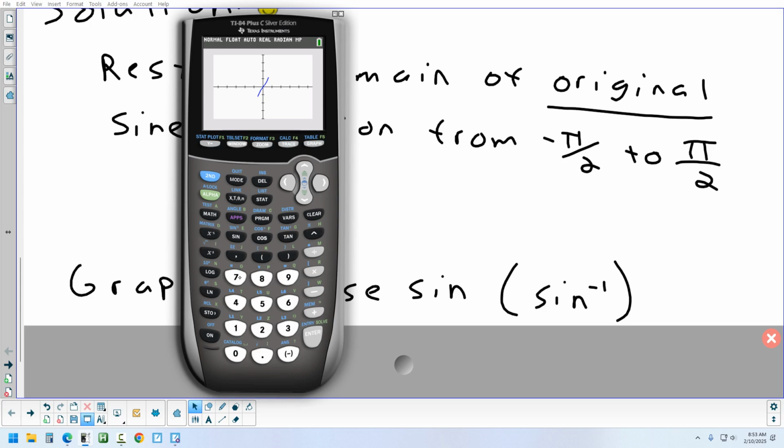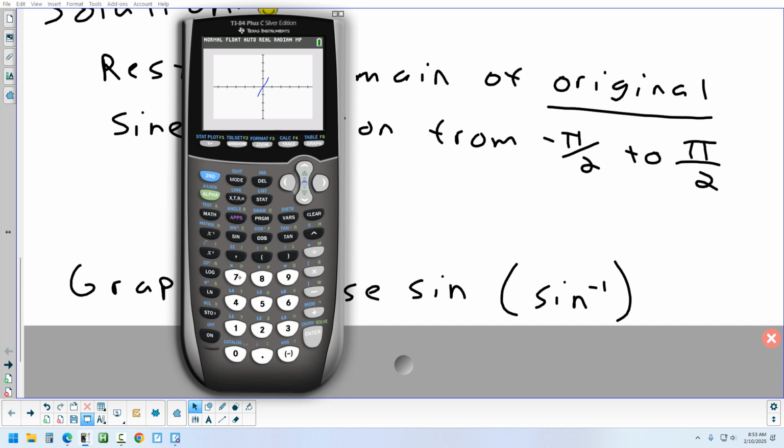All right, so that's what inverse sine looks like. First of all, does that look like it's a function? Does that pass the vertical line test? Yeah, and it should, because we know the original passes the horizontal, so that means the inverse would pass the vertical. So it is a function.